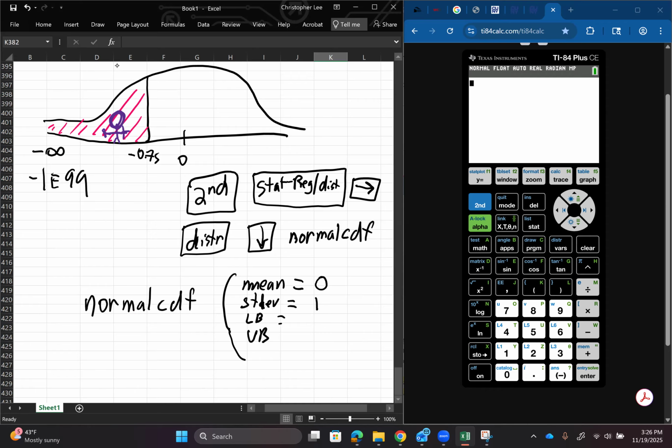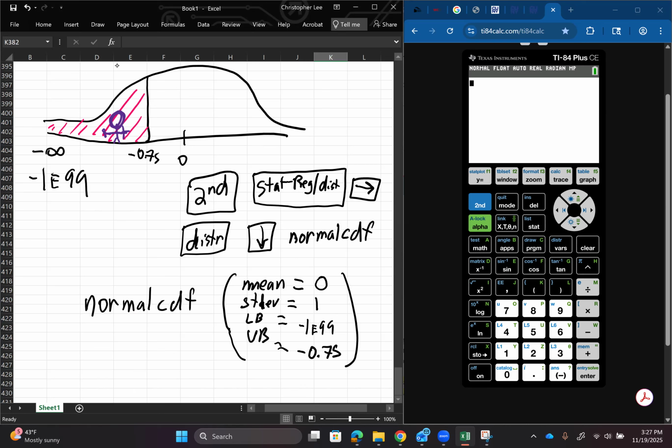Your lower bound: look where you're standing in the distribution. What's to your left is negative infinity, so that's the -1E99. What's to your right, the upper bound, is the -0.75. You just type it in and then boom.